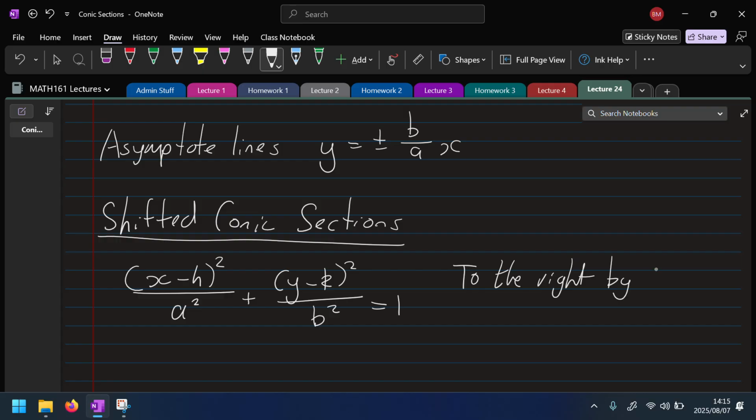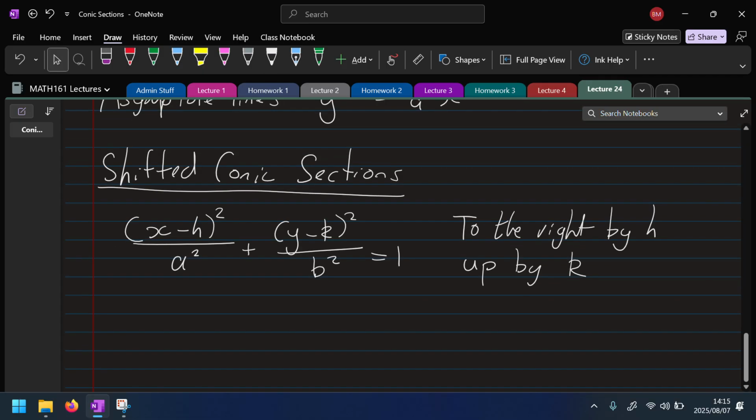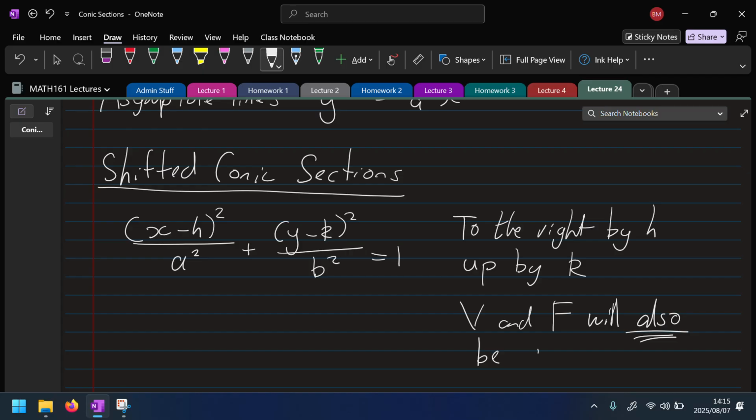If we shift the whole graph to the right and up, remember the vertices and the focal points will also be shifted. Just keep in mind v and f will also be shifted, because if you shift the whole graph, the vertices and the focal points go with it.